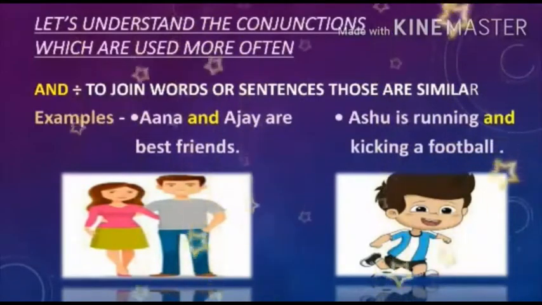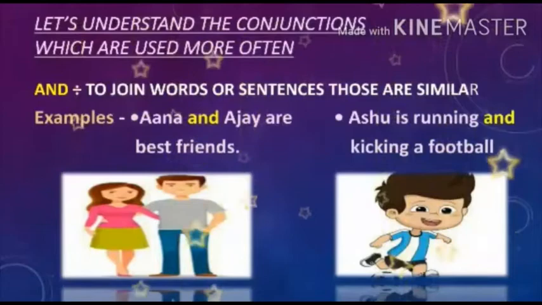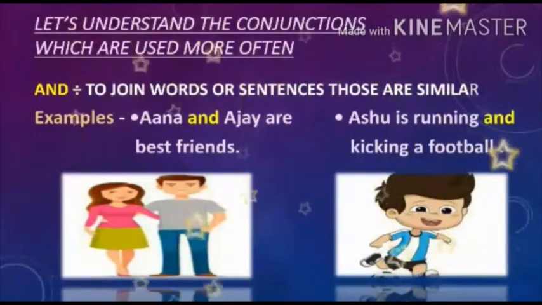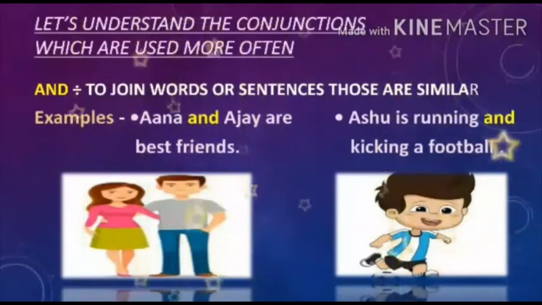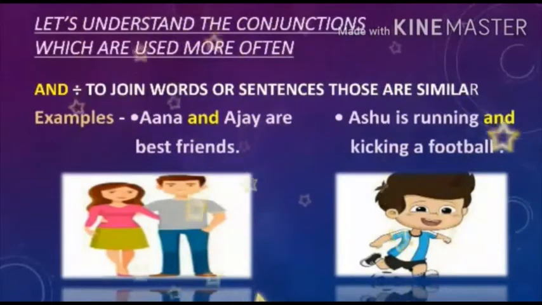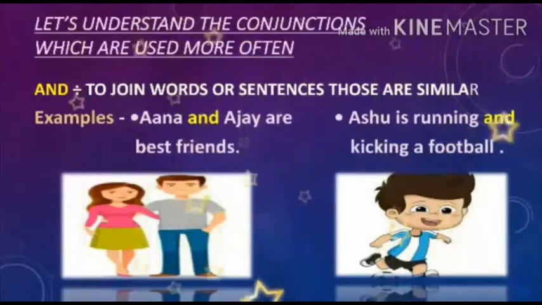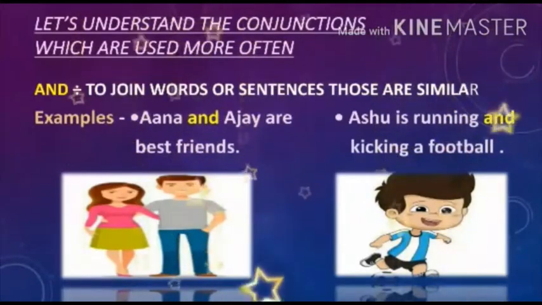The next example is Ashu is running and kicking a football. Here there are two things happening together, running and kicking. That's why we have used the conjunction and. So with the help of these two examples, we came to know that and is used to join words or sentences together which are similar.